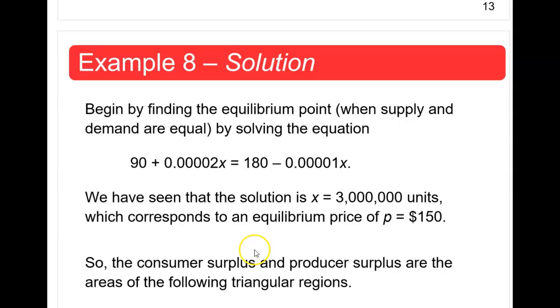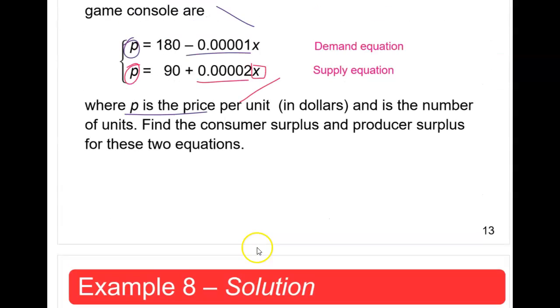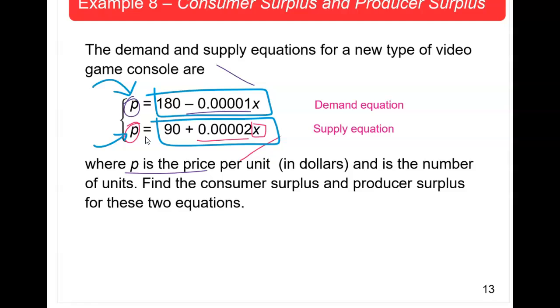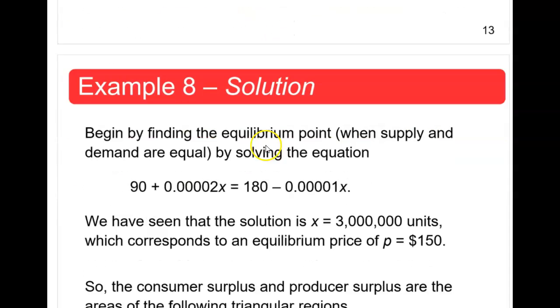So let's see. One way to solve them, since they're both equal to P, and we know that this P is equal to this P, then we take each expression and we simply set them equal to each other. That's what we're seeing on the next slide.